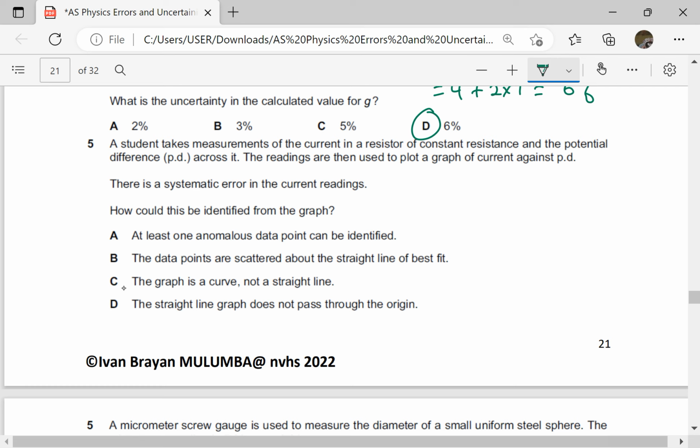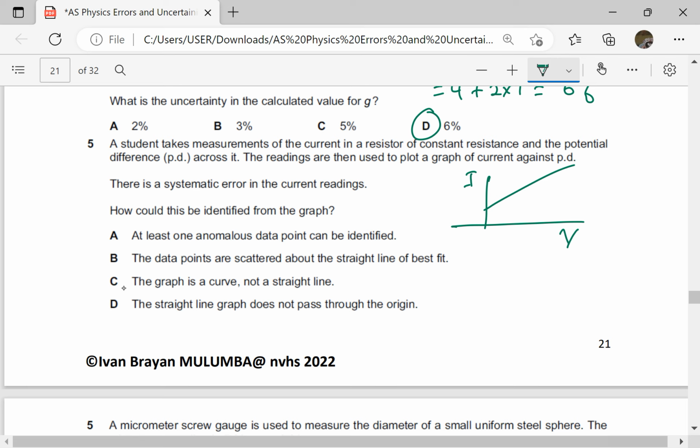The readings are then used to plot a graph of current against PD. There is a systematic error in the current. So we are plotting a graph of I against V. There is a systematic error in the current, so the graph must have a y-intercept. How could this be identified from the graph?